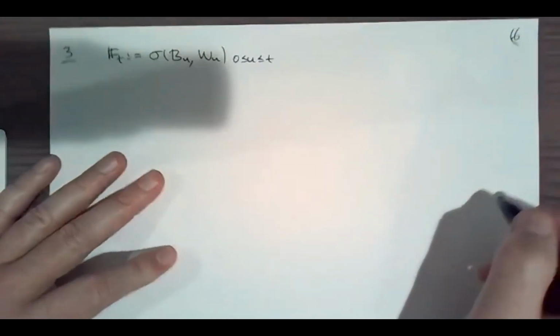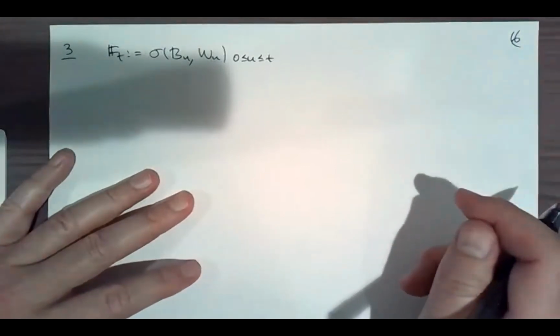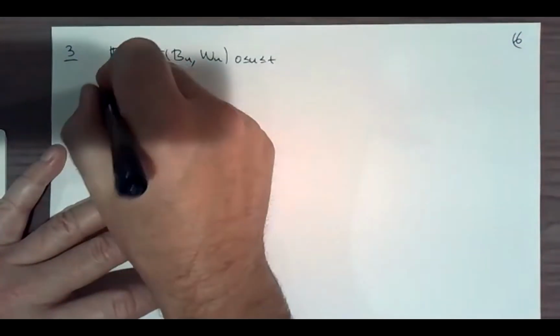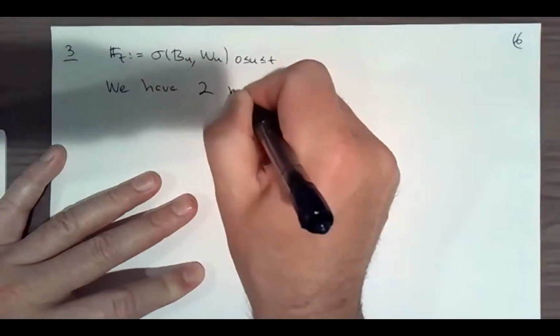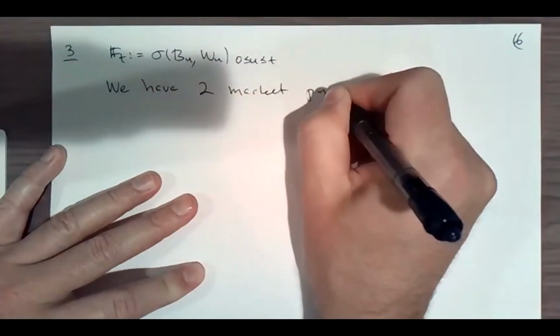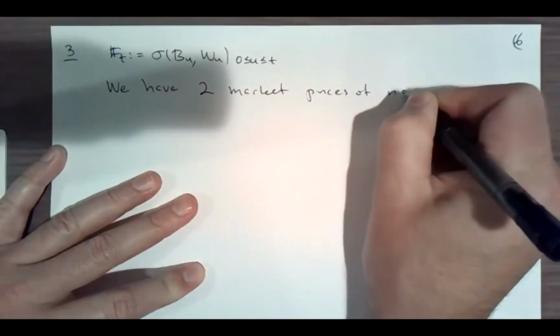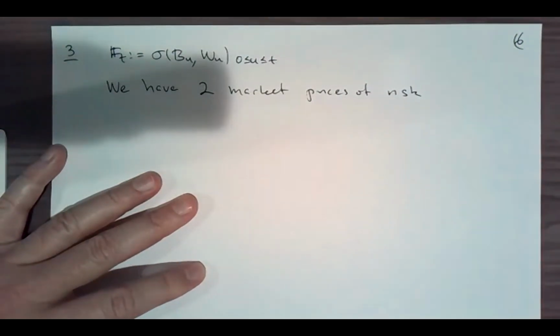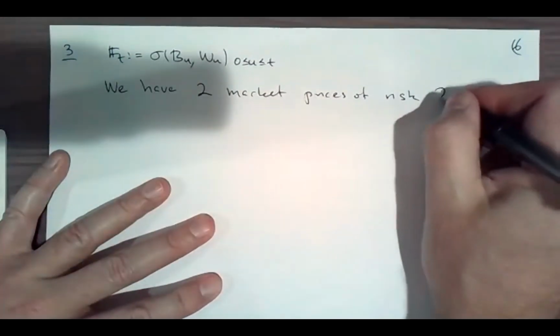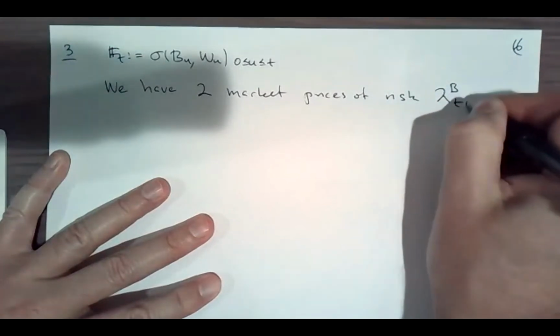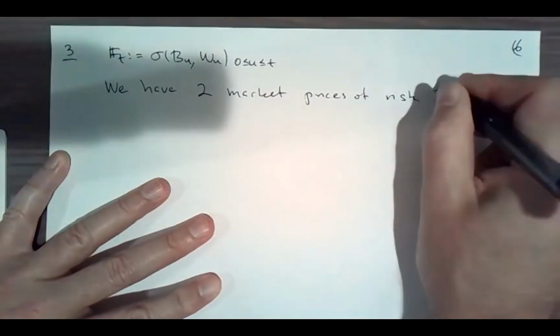Right, so right from the beginning, how many market prices of risk do we have? 2. And I won't call it theta because this theta is already being used for something else. Let me call it lambda, lambda BT and lambda WT.